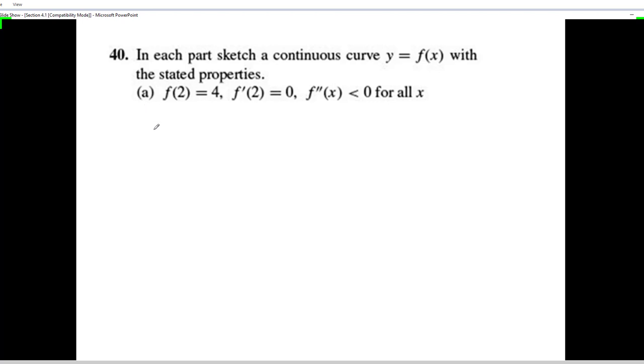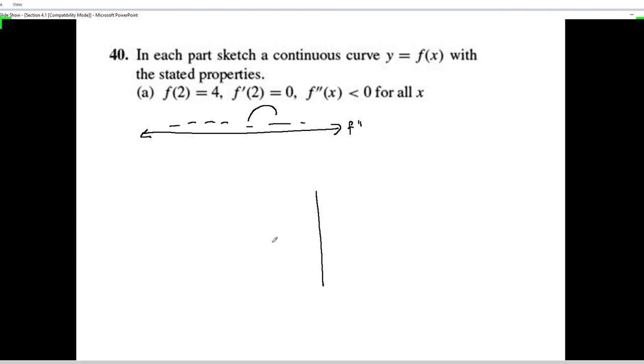So I like to organize my work in a sign chart when I can. So we only know the second derivative is always negative. And again, what that tells us is that the graph is concave down. We don't know much about the first derivative other than at 2 we get a value of 0.